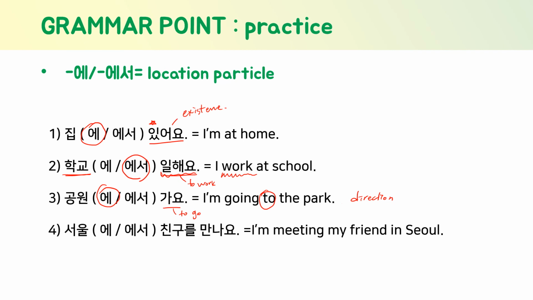I'm meeting my friends in Seoul. Here the action 만나다, to meet. Where is this action taking place? It's in Seoul. So which word is it? That's correct. It is 에서, 서울에서 친구를 만나요.